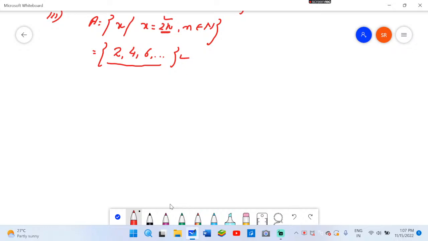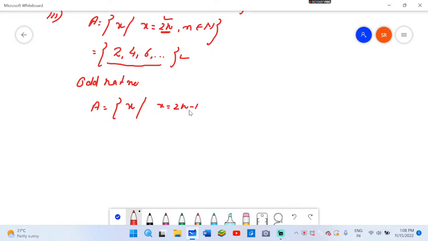Then set of all odd natural numbers. See, it will be set A, x such that x is equal to 2n minus 1.